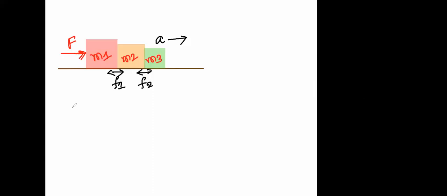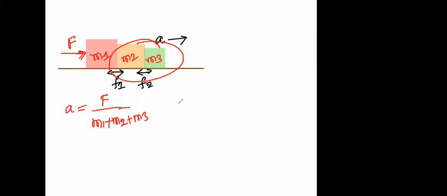Now, acceleration is equal to net force divided by net mass: F divided by (M1 plus M2 plus M3). This is the acceleration of the system. Then what is the contact force F1? F1 opposes the motion of the first block, as well as it helps to drive the second block and third block.